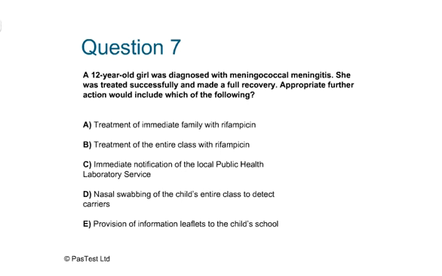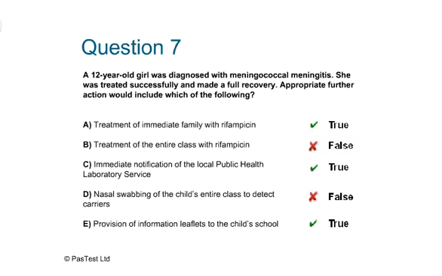School friends and colleagues of the patient with meningococcal disease are rarely at higher risk, but obviously a child's classmates and their parents will have concerns when they find out about a child having had meningococcal disease. For that reason, provision of information leaflets to the child's school is always a good idea. So the answers to this slide are: A is true, B is false, C is true, D is false, and E is true.